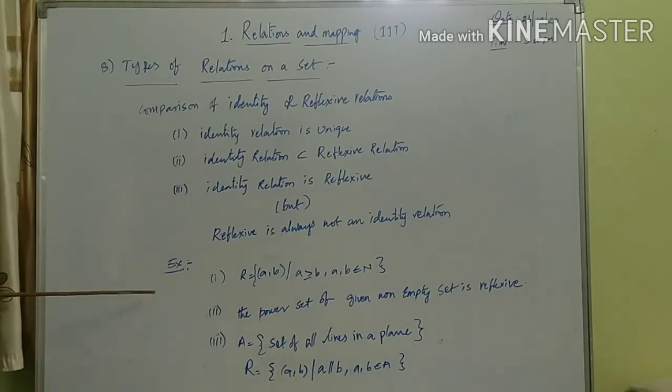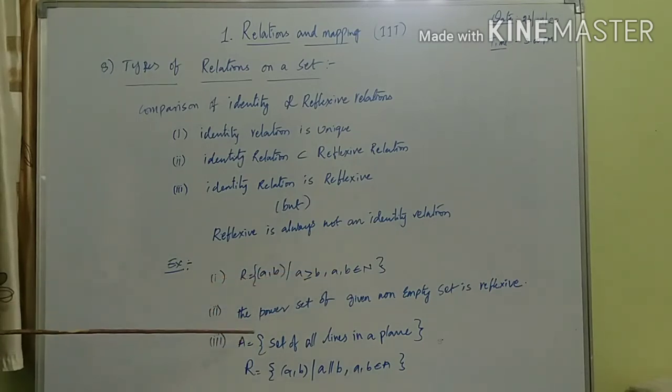Next, some examples of identity and reflexive relations. These are examples of reflexive relations. R equals (a, b) such that a is greater than or equal to b, where (a, b) belongs to the natural numbers. In natural numbers, any number is greater than another number or equal to itself.